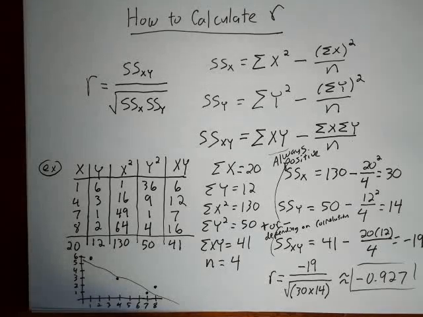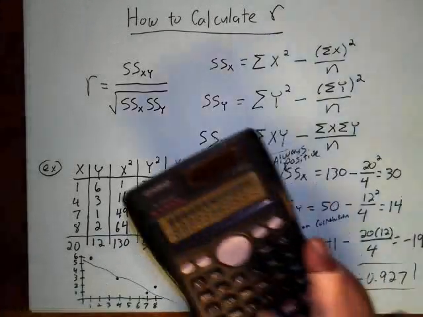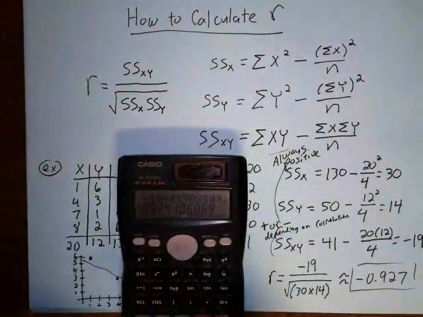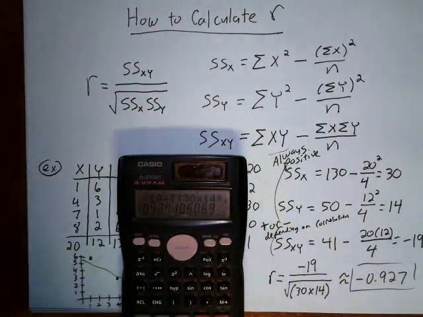And so what you can do is, if you have a calculator, if you want to find a video on YouTube, just type in the name of your calculator and then write, how do I do two variable stat?